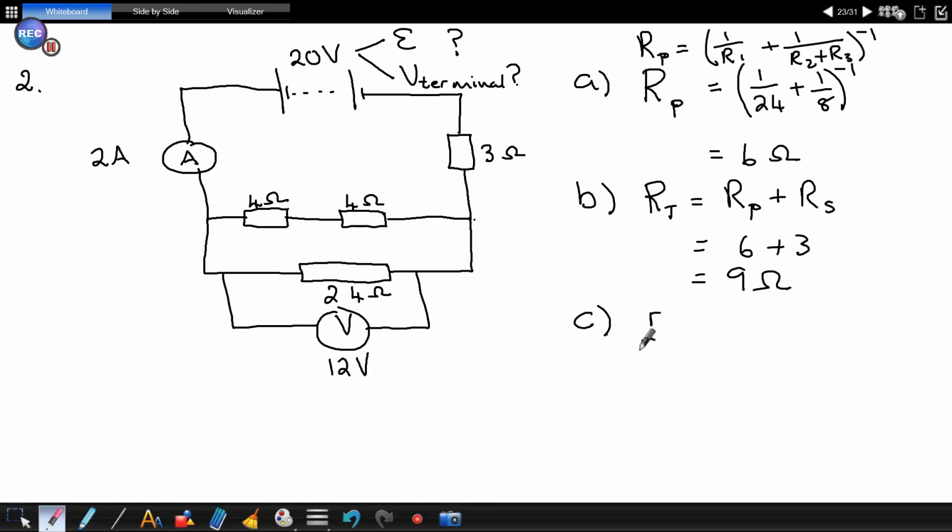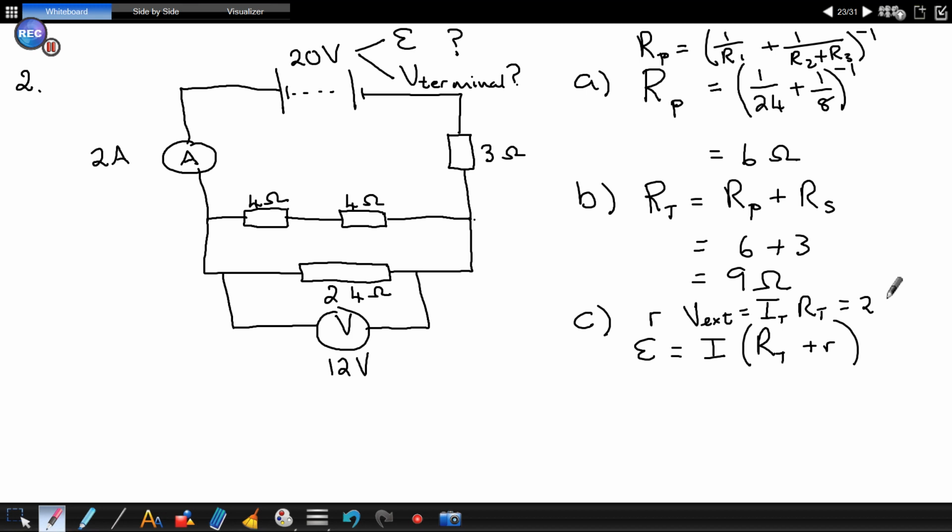EMF equals I times R plus I times r. Like this. Yes. And the EMF, do we know what it is? Is it 20? Because they didn't tell us that it's 20. You can't assume it. So just quickly to the next one. So the V external is the total I times R external, RT.